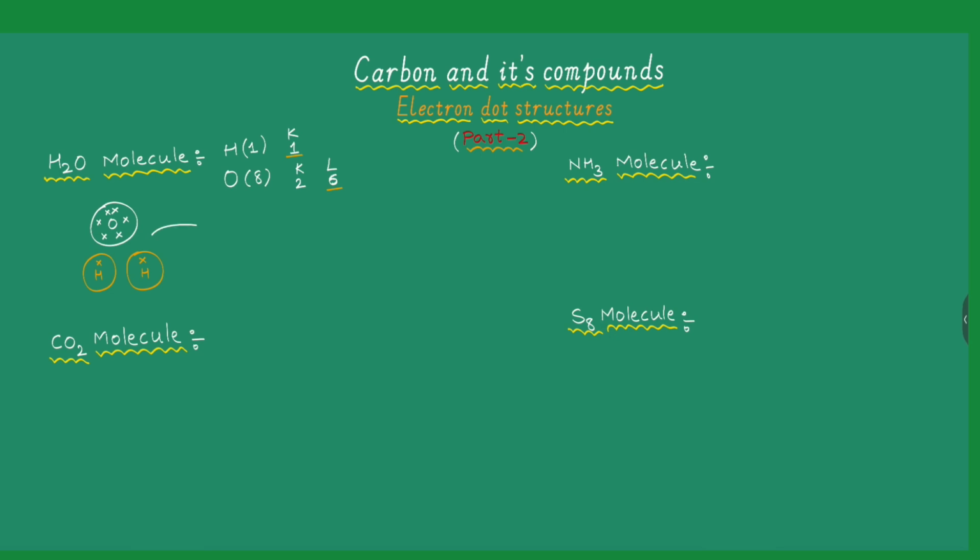After the molecule is formed, the structure will be like this: oxygen atom with 6 valence electrons, and two hydrogen atoms.